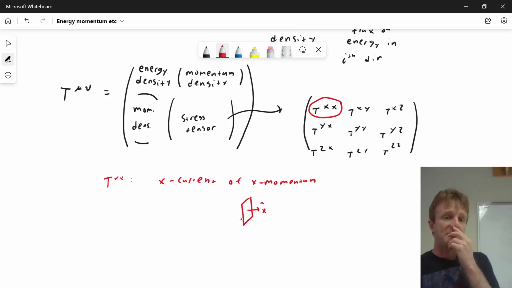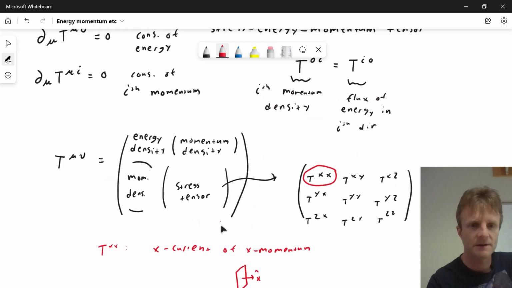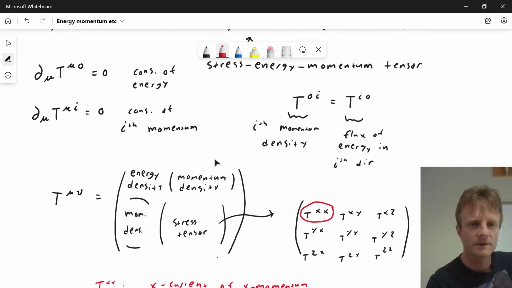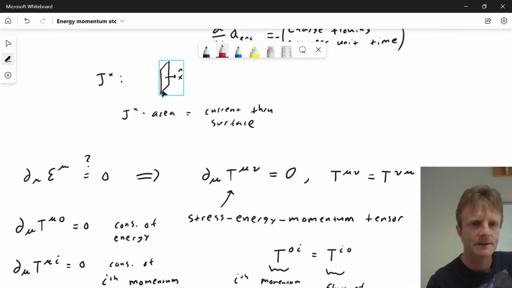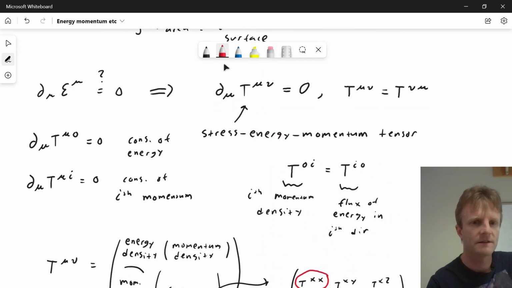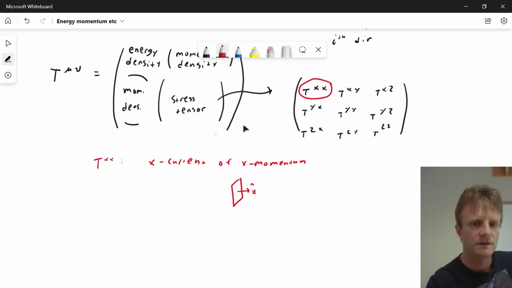And if you think about the units, we had an equation up here where we did this for J. We said Jx times the area was the current through the surface, the amount of charge through the surface.